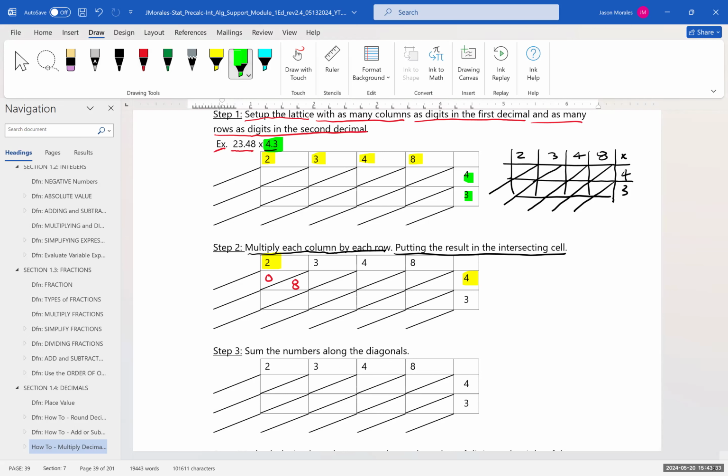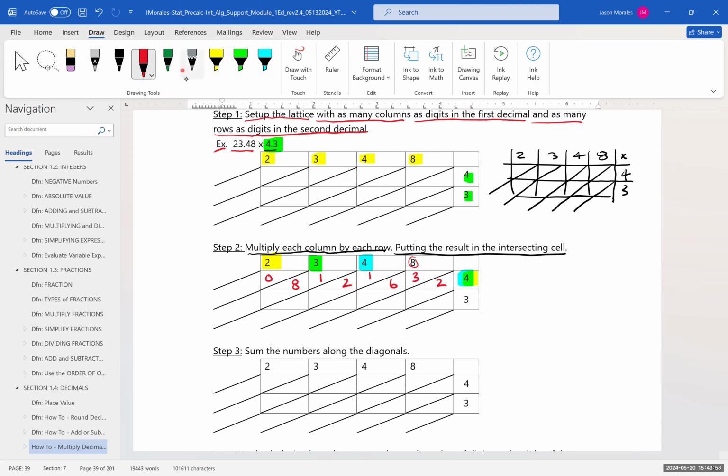Next, I'm going to look at 3 times 4, and 3 times 4 is 12. Next, 4 times 4, and 4 times 4 is 16. And now 8 times 4 is 32.